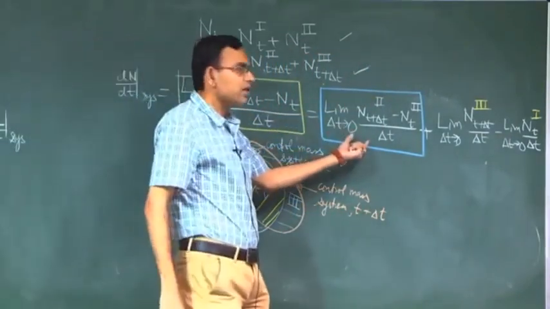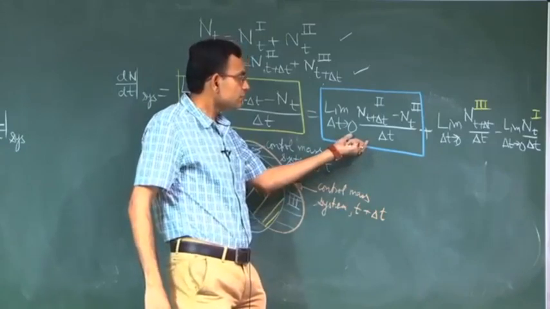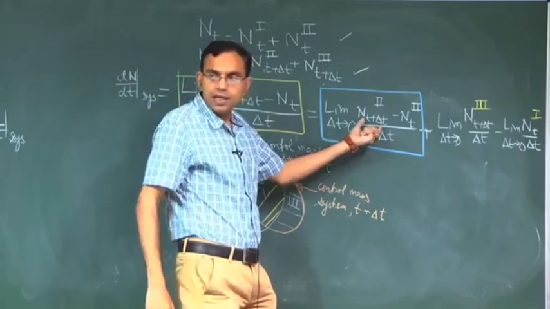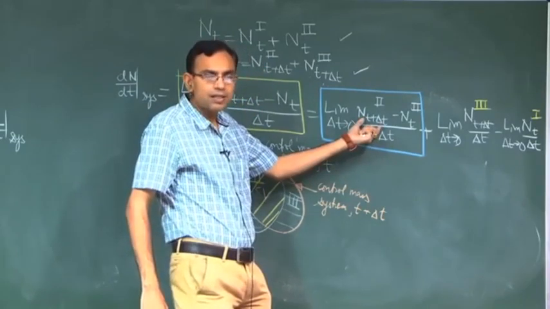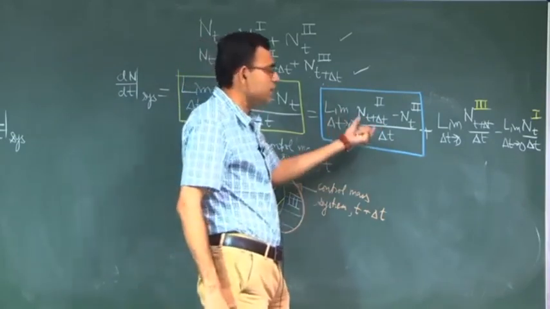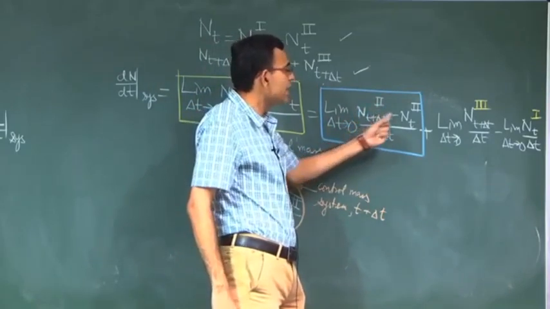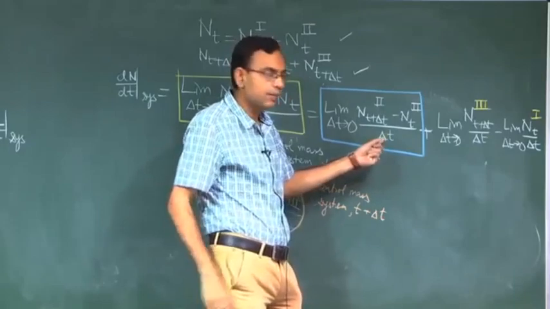So, if we concentrate on this term, what does it physically mean? It physically means that at a given location, which is 2, what is the rate of change of N with respect to time?